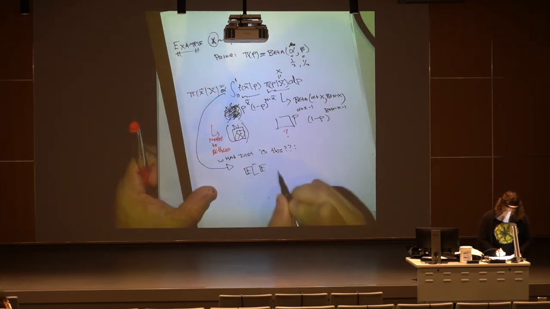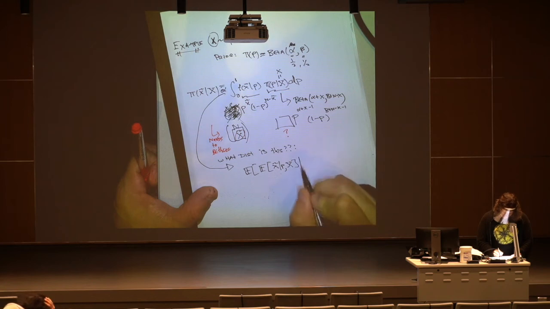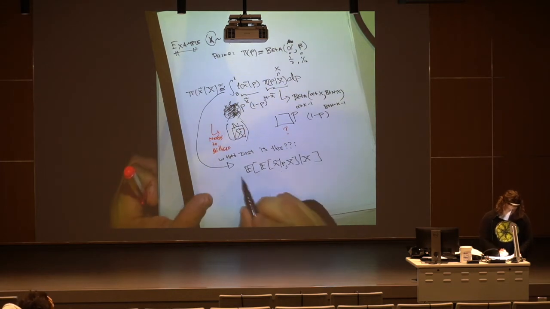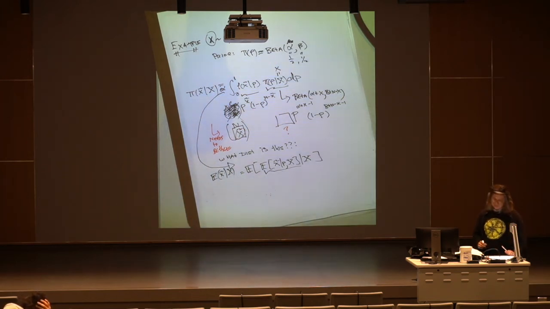So the expectation of x tilde given p and cap X, given cap X. This is going to be our expectation of x tilde given cap X. What's that?